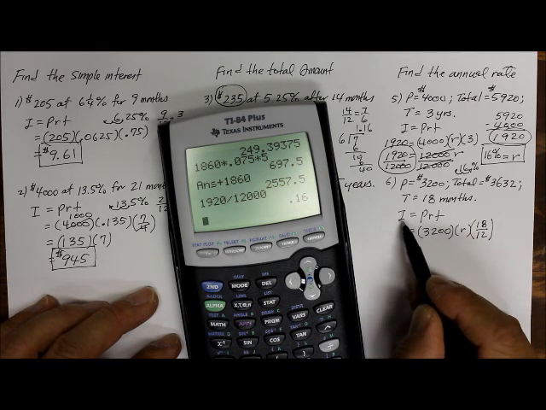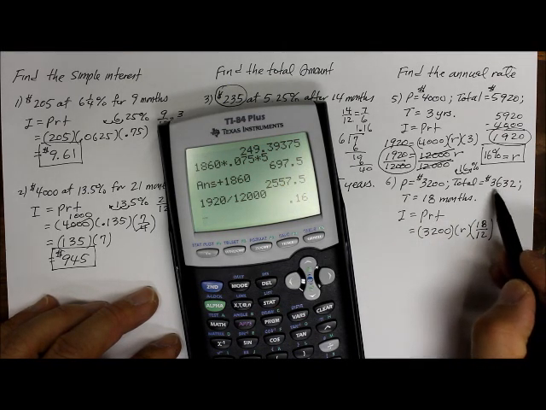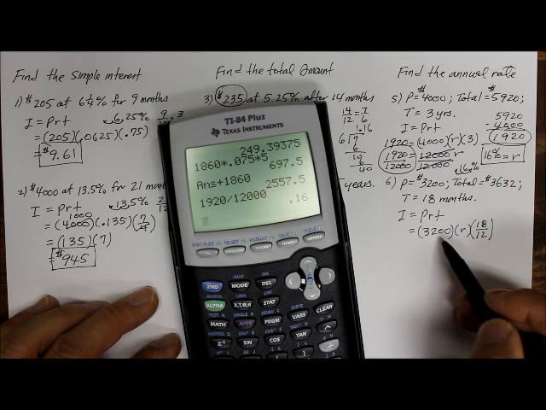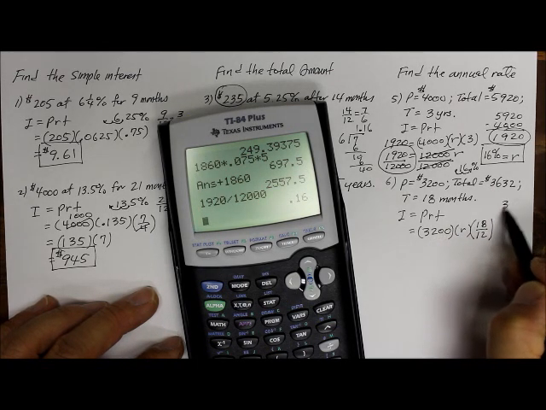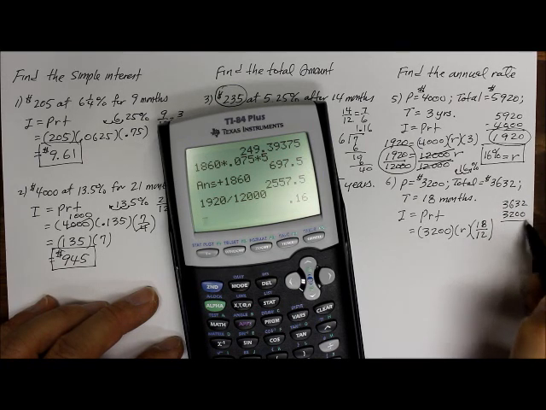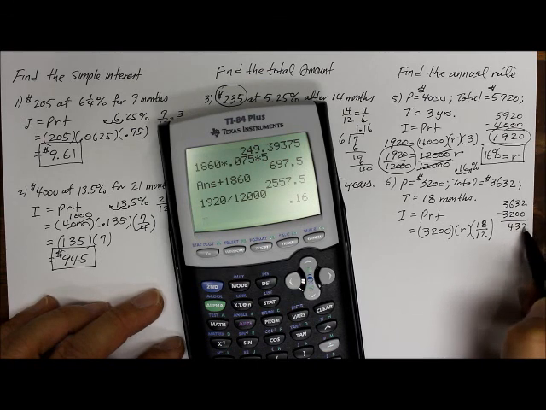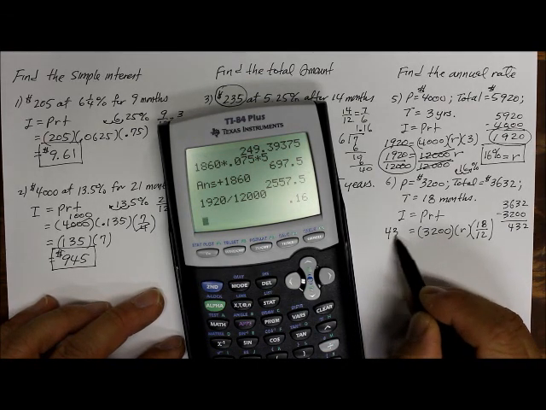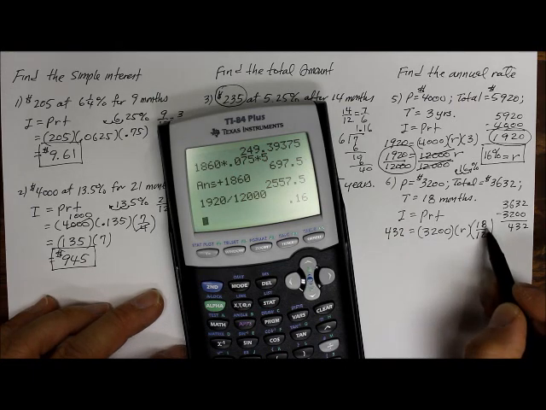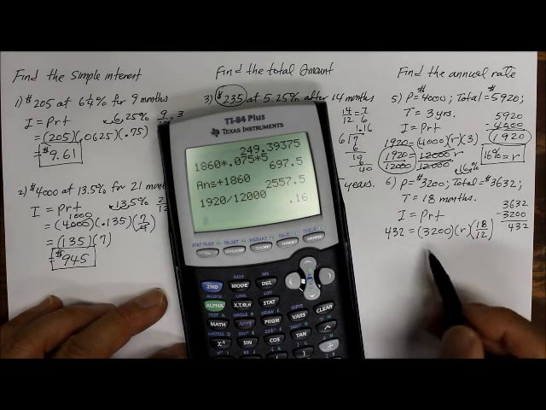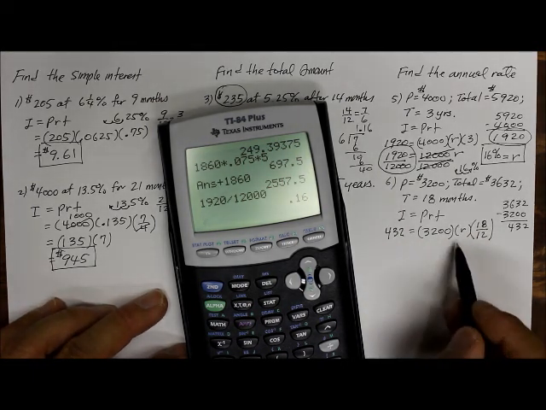And what goes on the interest? Well, that's not the interest. That is the interest plus the original principal. So we have to subtract to find the interest that the bank is giving you. So it turns out in this case is $432. That's not bad. For a year and a half, they give you $432. That's good.